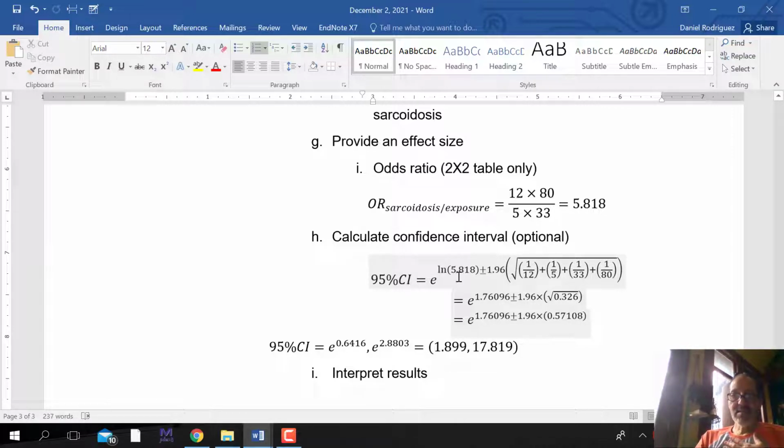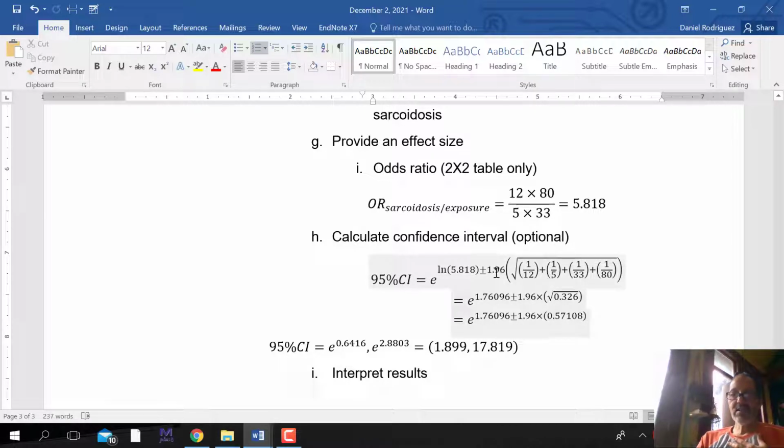If you recall that in order to calculate the confidence interval for the odds ratio, we have to put the odds ratio on a natural log scale because we want this to be normal, as the odds ratio is not normal, and we want to use the beauty of the normal distribution. We know that 95% of all values are within plus or minus 2, or it's 1.96, standard deviations of the mean.